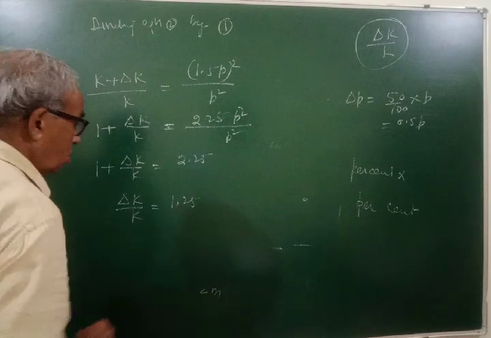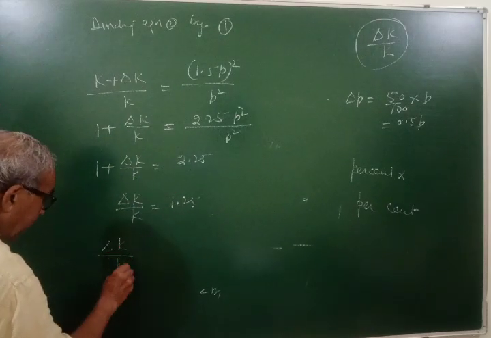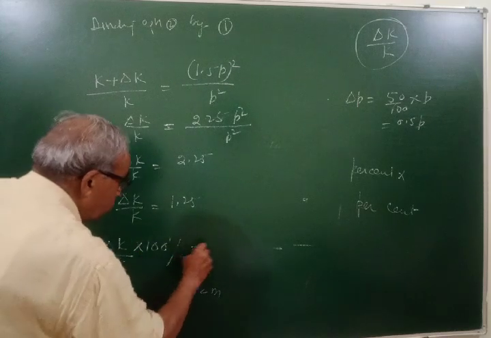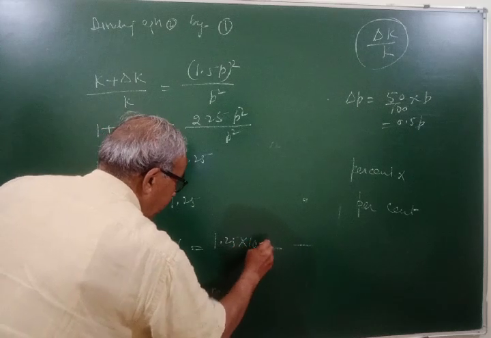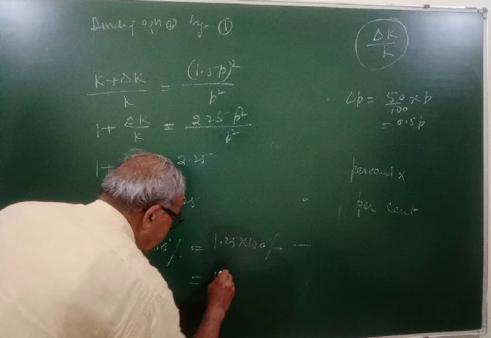Subtract this, and therefore delta K upon K into 100 is equal to 1.25 into 100. So it is 125%.